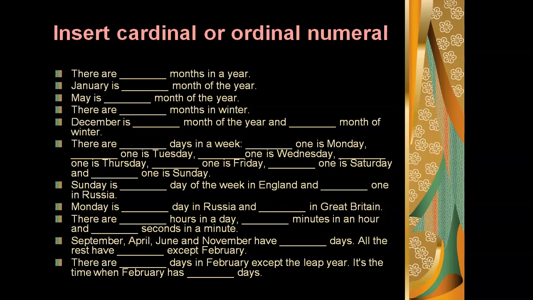September, April, June and November have 30 days, and all the rest have 31 days except February. There are 28 days in February, 29 days in a leap year.